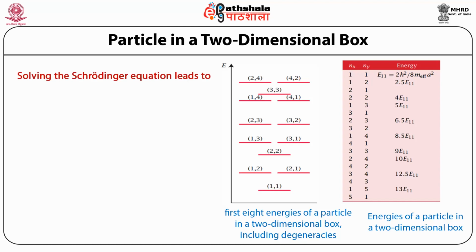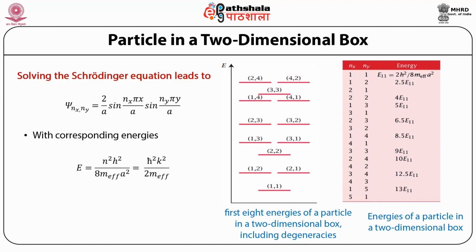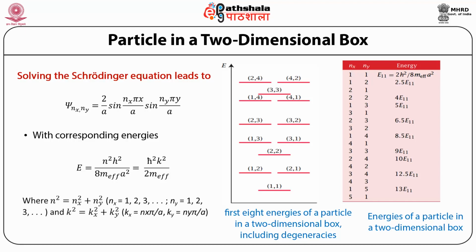Solving the Schrödinger equation leads to the following wave function shown in equation 1: psi nx ny equals 2 by a sine nx pi x by a sine ny pi y by a, with the corresponding energy shown in equation 2, equal to n square h square by 8 m effective a square, which equals h cut square k square by 2 m effective, where n square is nx square plus ny square, and nx is 1, 2, 3 and ny is 1, 2, 3, etc. And k square is equal to kx square plus ky square, where kx is nx pi by a and ky is ny pi by a.